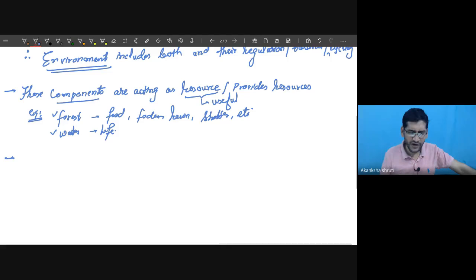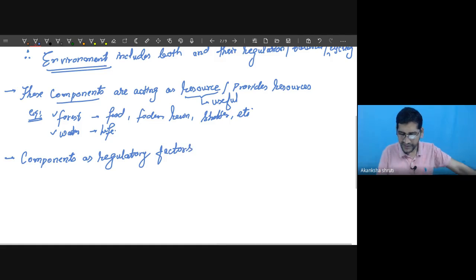The next important point is that these components are regulated by the environment. So components as regulatory factors. It was asked once, what is the importance of the components of the environment?